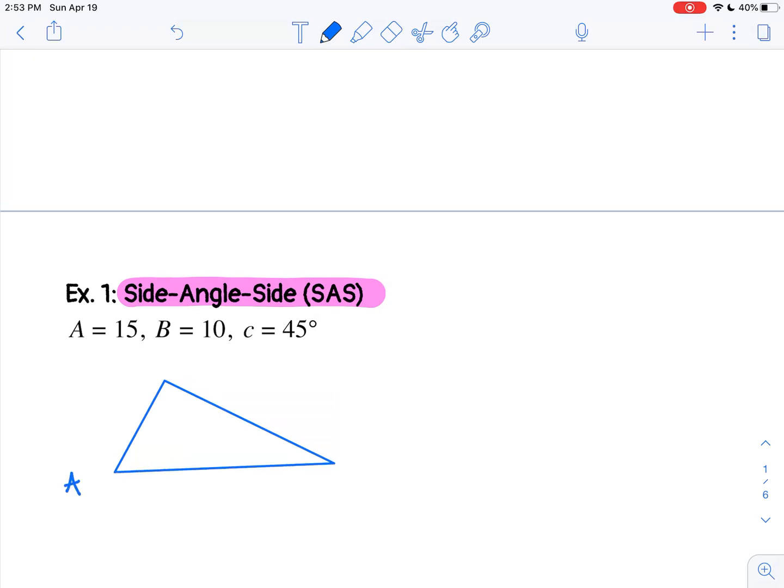We'll call this A, we'll call this B, we'll call this C, and I've got A is 15, B is 10, and angle C is 45 degrees. And I can see from here that I have a side, an angle, and a side. And the angle has to be between the two sides.